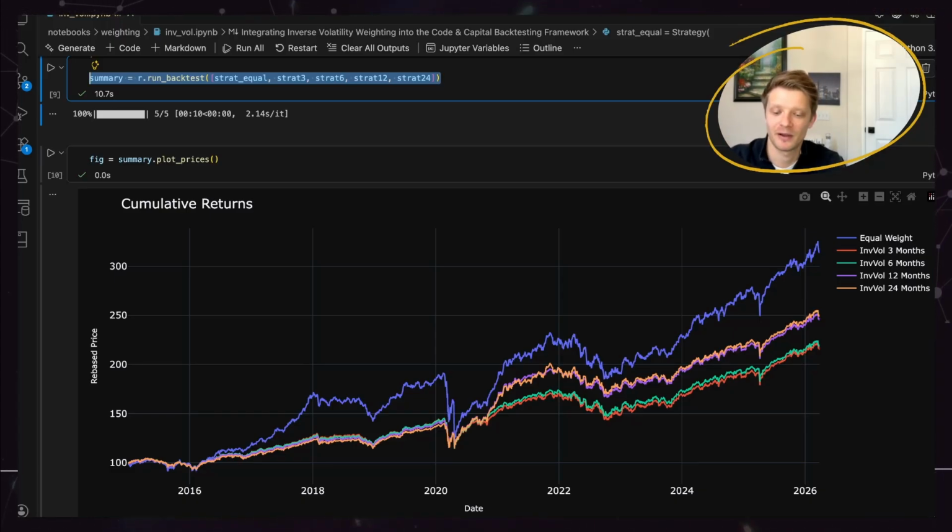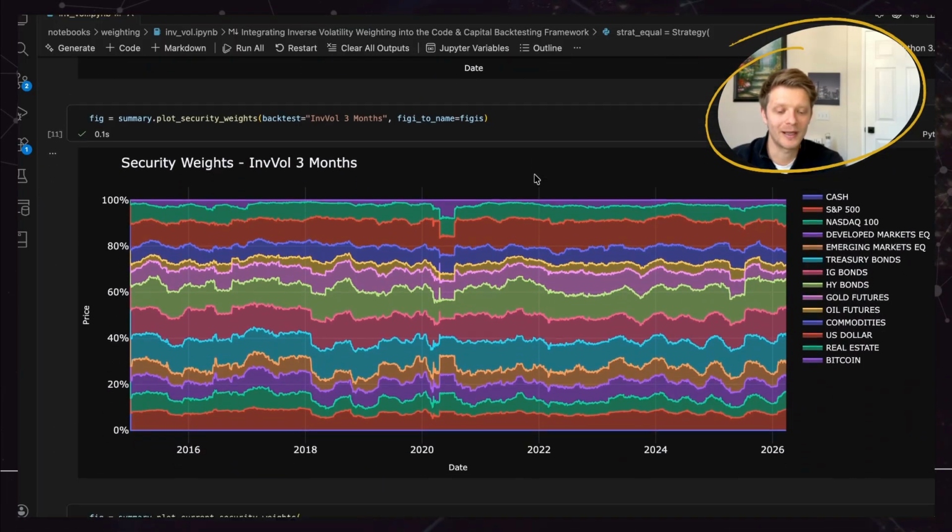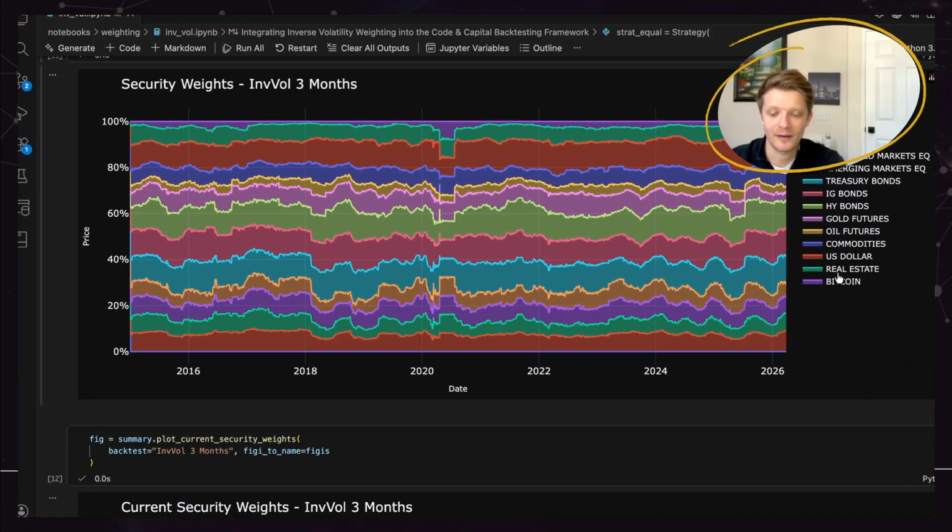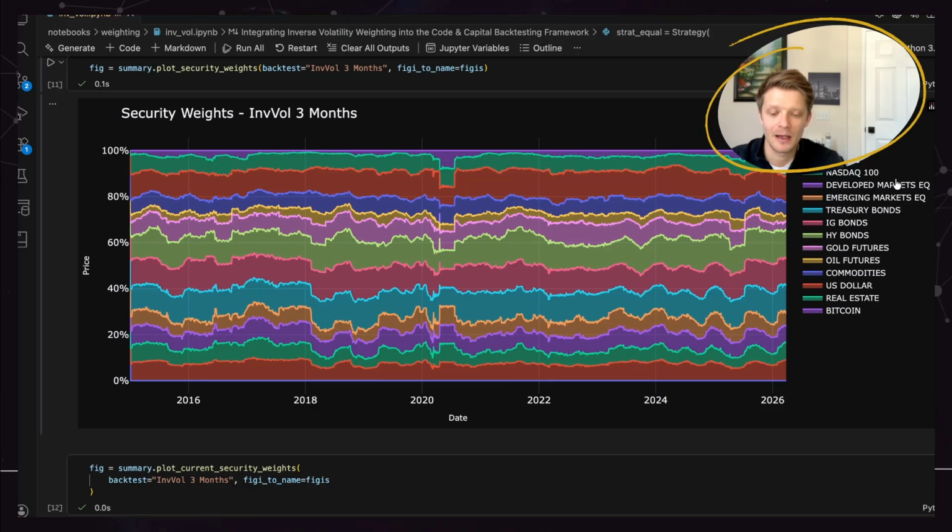funds versus equity funds. If we look at the weight over time, that basically shows us what we are invested in. And we can see that our US dollar weight fluctuates between 10 and 12%. We have our COVID shock here, which is a little surprising in that in the COVID shock, it liked Bitcoin a little more than it historically liked Bitcoin. But in general, you can see that it likes the bond funds.